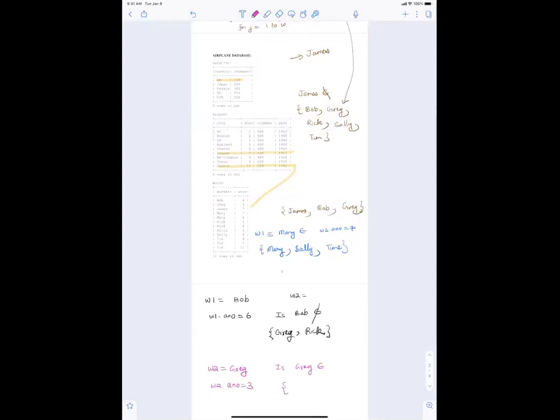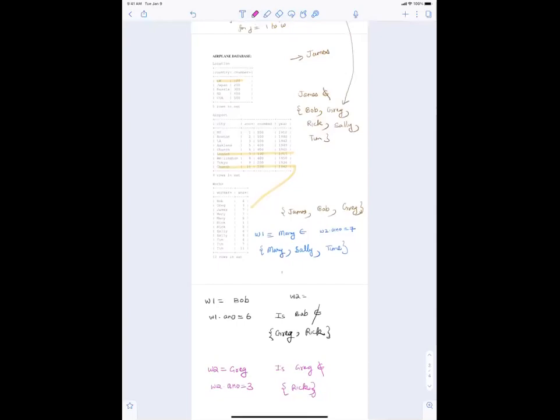Again, you go line by line through this, and you'll find the subset for Greg is going to be Rick, and that's it. But Greg is not an element of Rick, so Greg is not going to appear. That's how you find that the only people who will appear are the people who work in multiple airports.